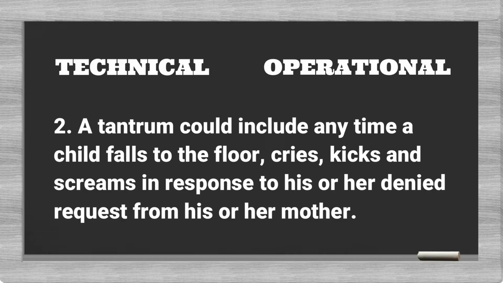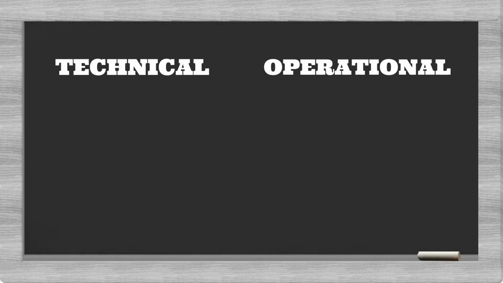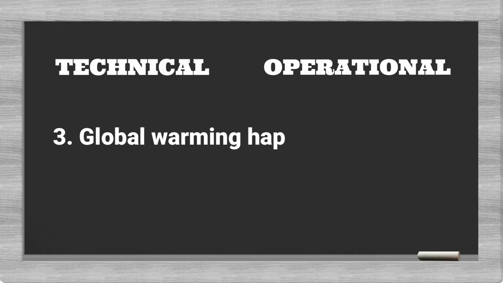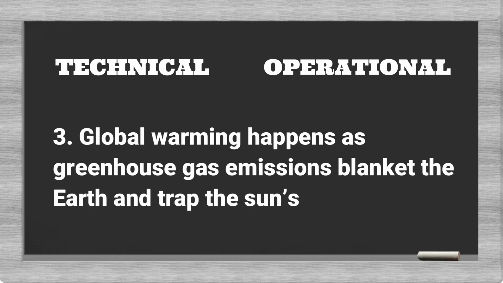to his or her denied request from his or her mother. Operational. Number 3, global warming happens as greenhouse gas emissions blanket the earth and trap the sun's heat.